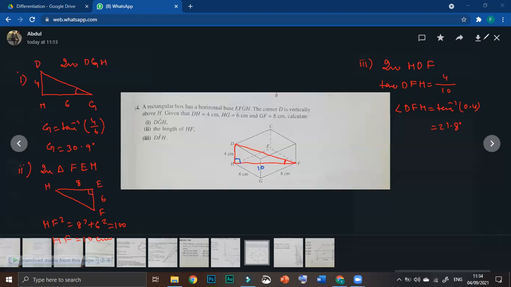If the 90 degrees is not drawn properly on the figure, then what will we do? We will draw it separately. Okay, very good. This one is the key to this application of trigonometry in 3 dimensions. Now we will attempt the next question.